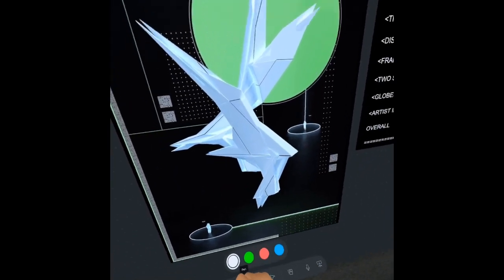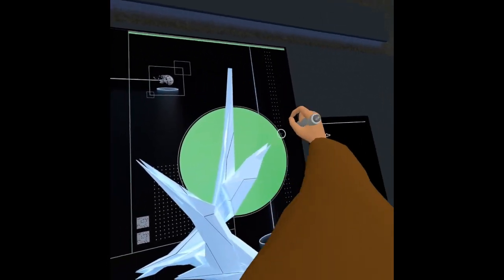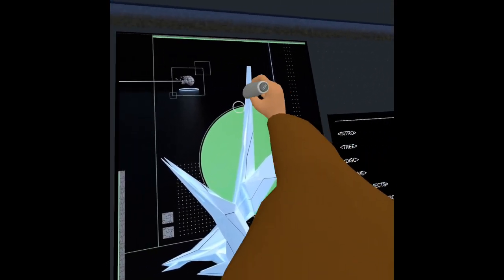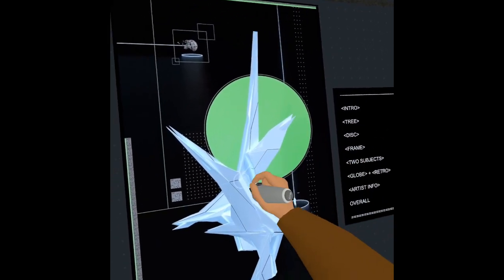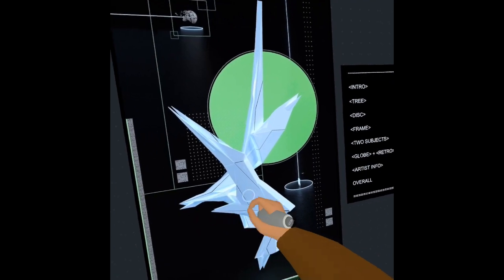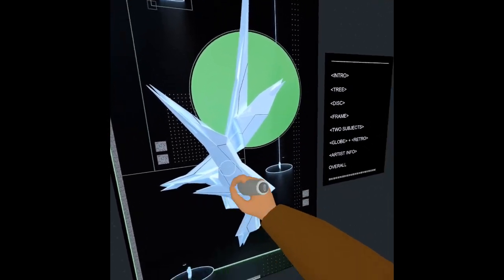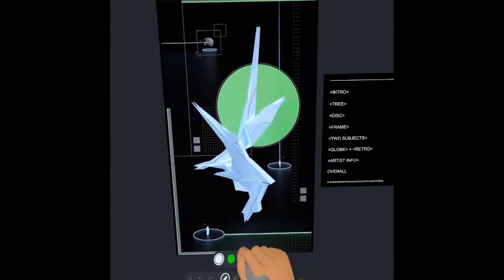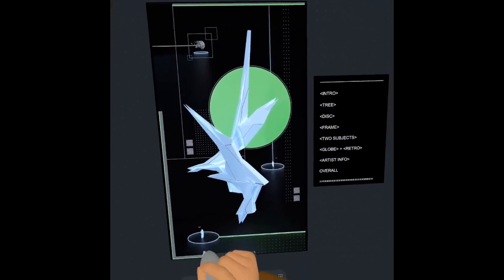So what calls my attention a lot is this large kind of green disc here. And of course, that is contrasted by what appears to be a tree, but it is more so a low poly tree that's growing in different directions. I get kind of like a retro Japanese feel from this.